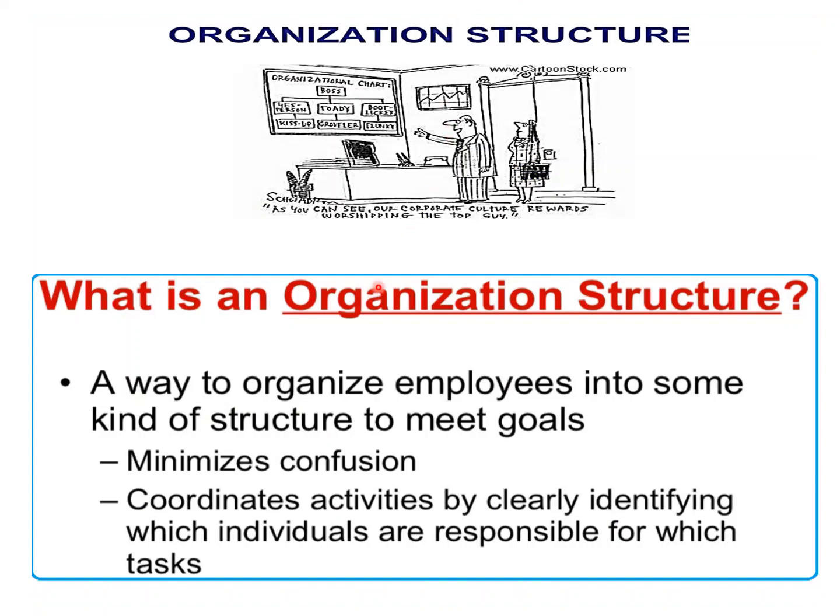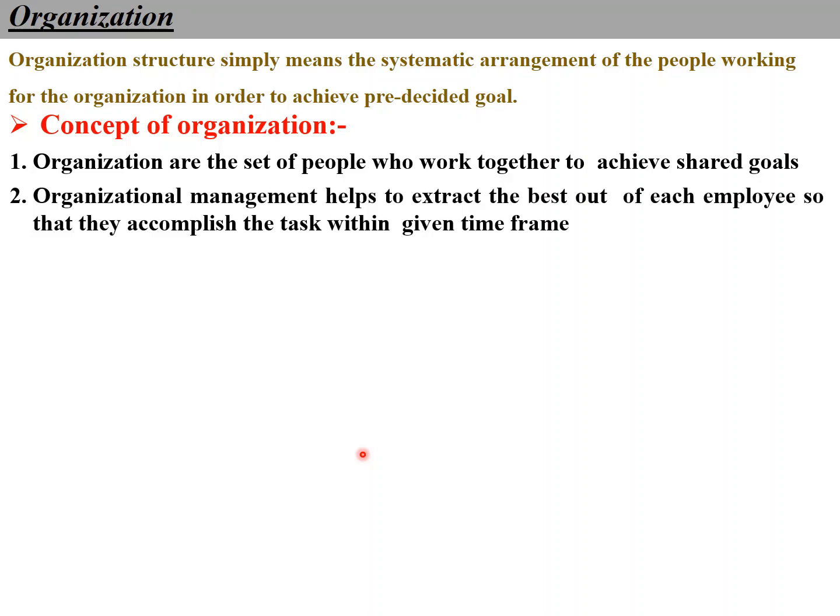The organizational structure. What is the organizational structure? It is a way to organize employees into some kind of structure to meet goals and objectives, minimize confusion between them, and coordinate activities by clearly identifying which individuals are responsible for which task. So the organizational structure simply means the systematic arrangement of the people working for an organization in order to achieve pre-decided goals.